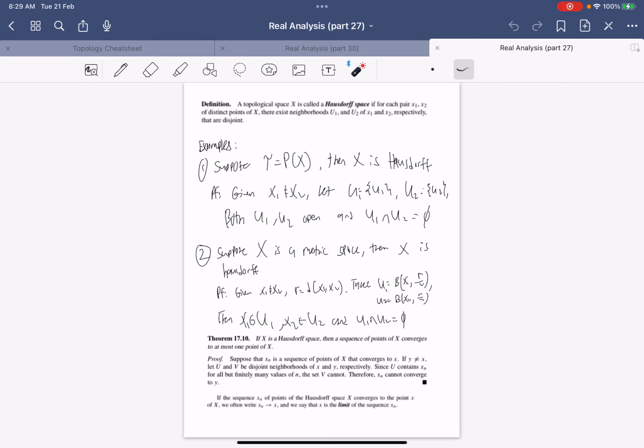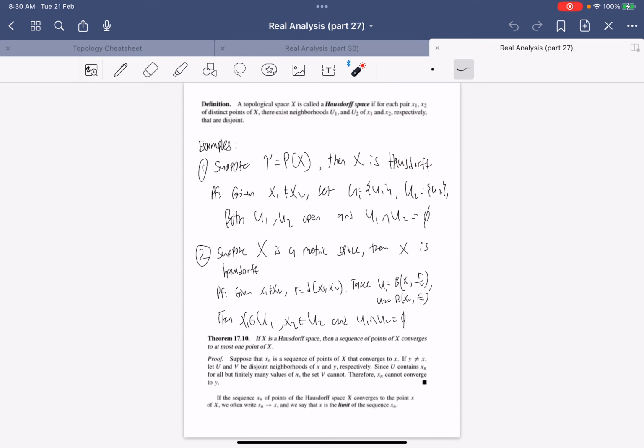So what it is saying is that if x1 and x2 are not equal to each other, then there exist u1 and u2 such that x1 is an element of u1, x2 is an element of u2, and u1 intersect u2 is empty.